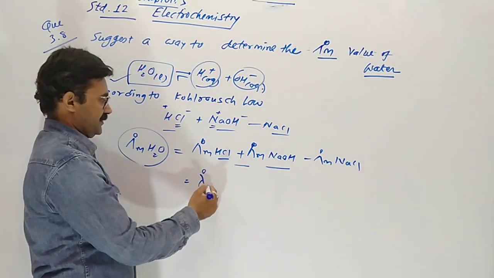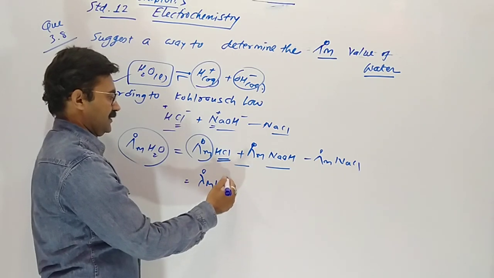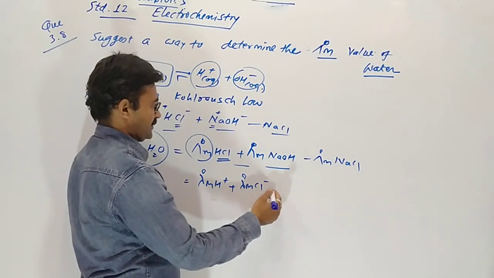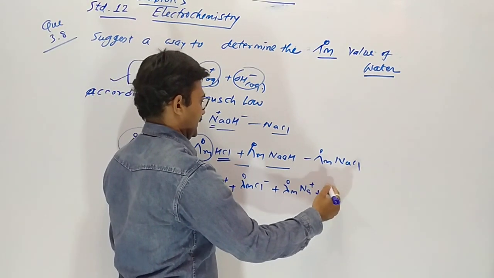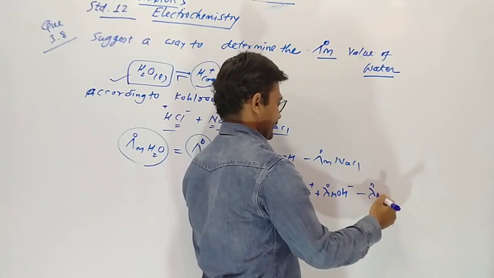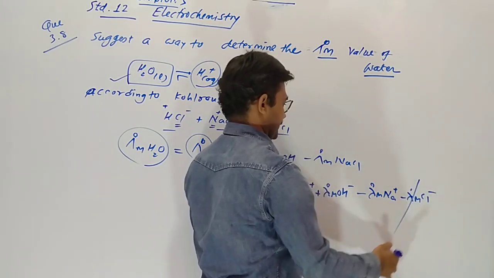Here you can see capital lambda for compound, but small lambda for ions: lambda degree m H plus, lambda degree m Cl minus, plus lambda degree m Na plus, lambda degree m OH minus, minus lambda degree m Na plus, minus lambda degree m Cl minus.